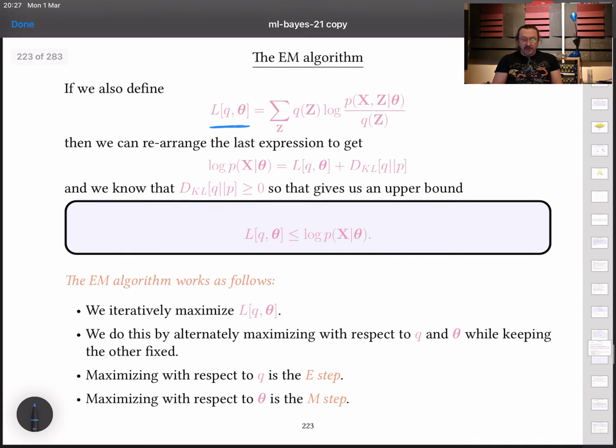And if we take that expression, L of Q and theta, which is equal to the thing on the last line, and we just rearrange, that's all we're doing, we get this expression.